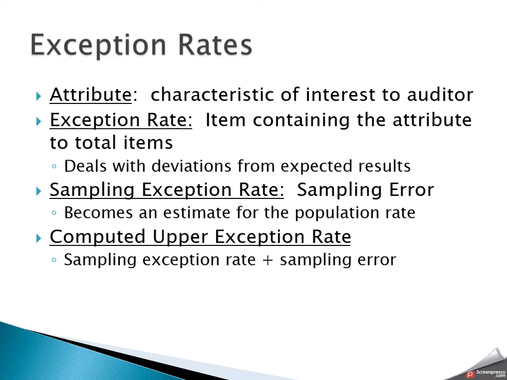The deviation is a departure from the prescribed controls. So if we said we're following a particular process, and then we don't. Deviation rate is often used instead of exception rate when we're referring to our test of controls. So the deviation rate deals more with the test of controls.